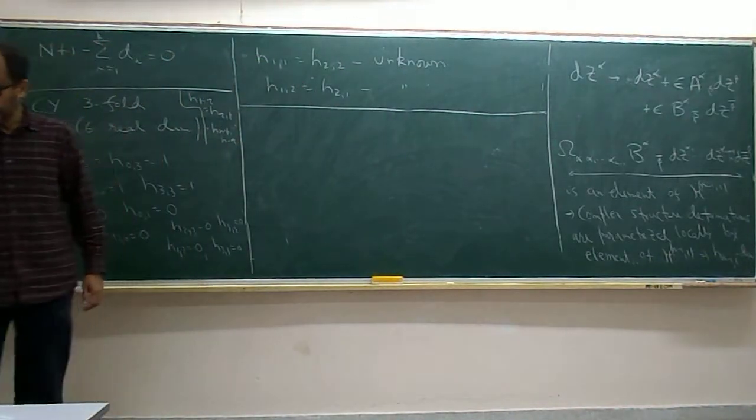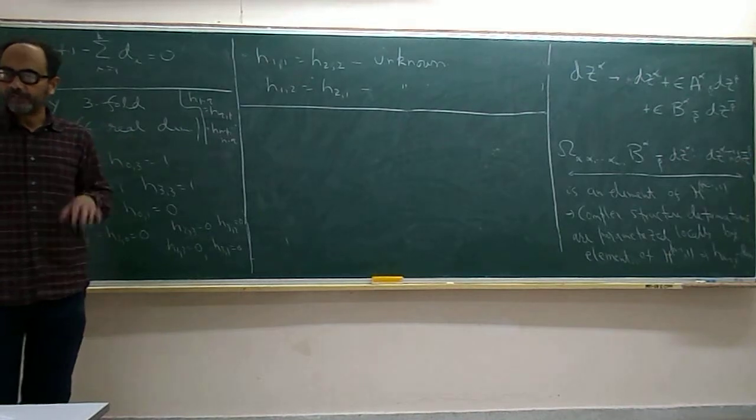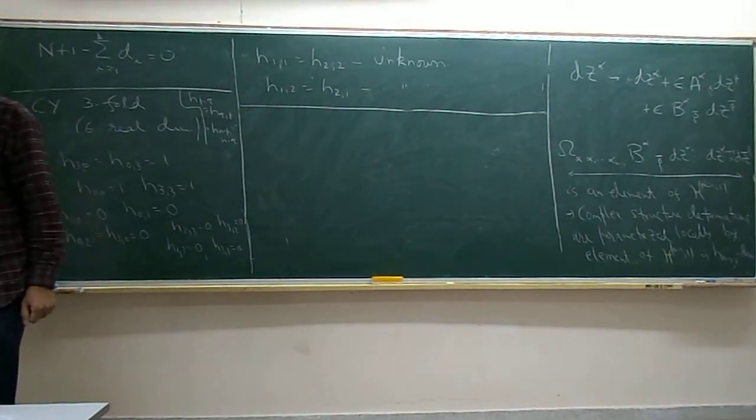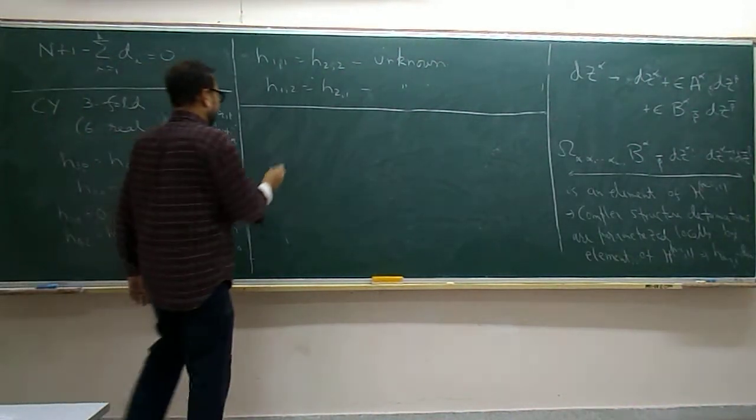Okay, so now we will discuss another important property of Calabi-Yau manifolds, and this has to do with the spinors on Calabi-Yau manifolds. Let me remind you again how spinors are defined in general on a compact manifold, like a Calabi-Yau Euclidean manifold. First we look at the tangent space group.